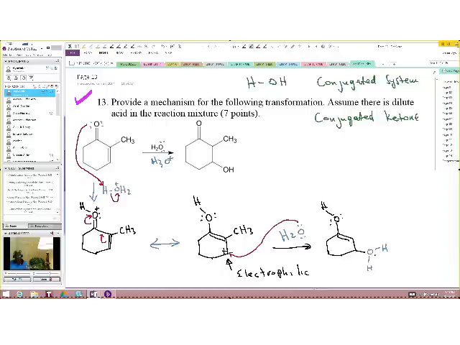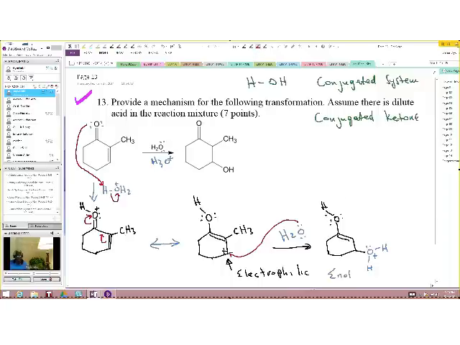Now, once we do that, this molecule will reform, because keep in mind what you have now is an enol. Remember what we told you about enols: they are very unstable. They rearrange very easily. So this will now rearrange to reform the carbonyl.